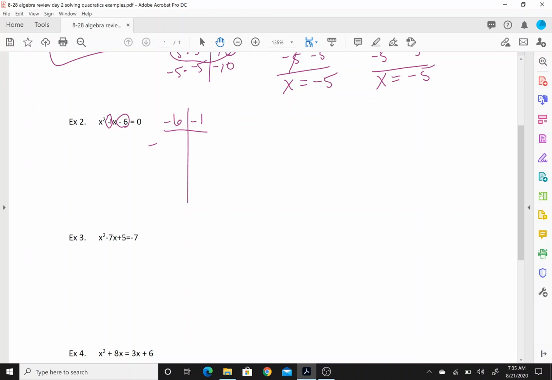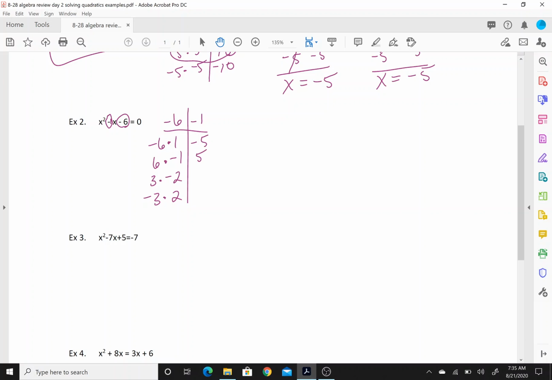So let's see. I can do negative 6 times 1, or 6 times negative 1, or 3 times negative 2, or negative 3 times 2. What's negative 6 plus 1? That's negative 5. What is 6 plus negative 1?